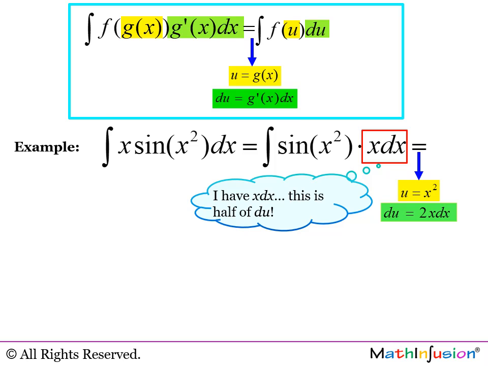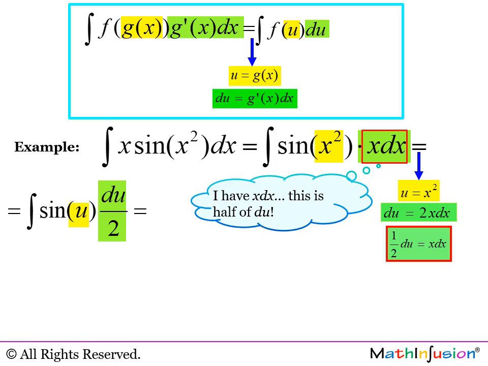This is just half. Okay, now I'm ready to translate everything and to have a u integral. And I get that. Oh yeah, but du over 2 is 1 over 2 times du. So why not use the constant rule and get this guy out of the way?